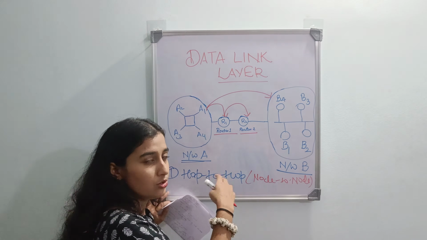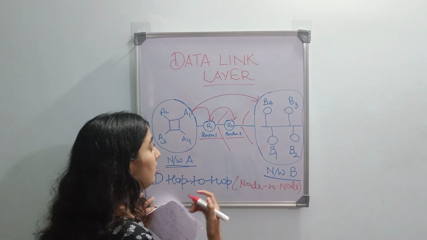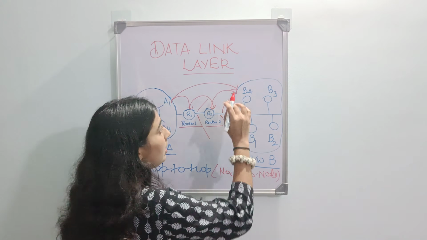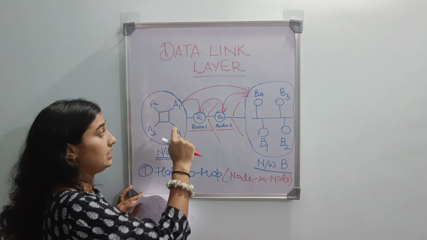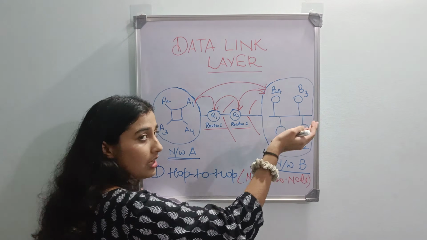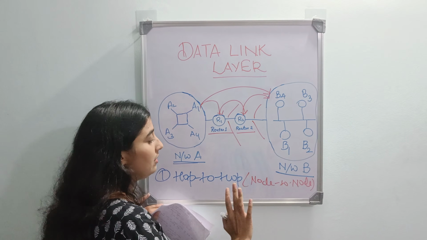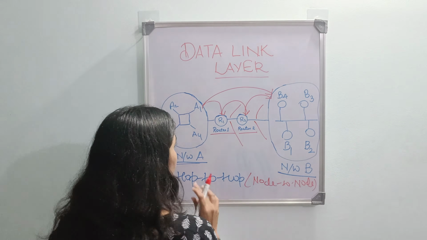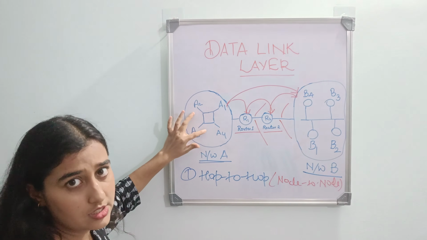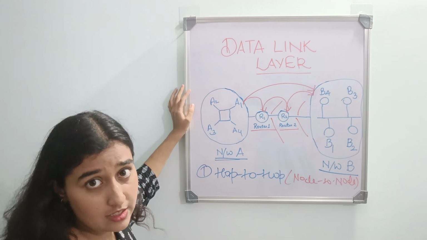It need not be only two routers, there may be many routers here and there. So now from R2 it will send to B4. So as you can see, it is hopping from one router to another and then finally sending it to its destination, that is B4.